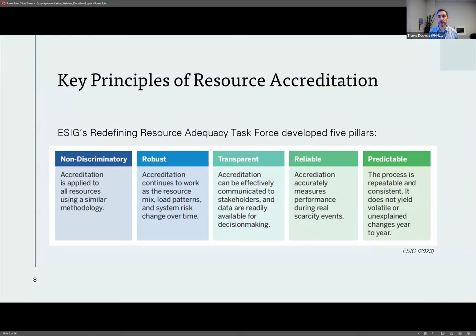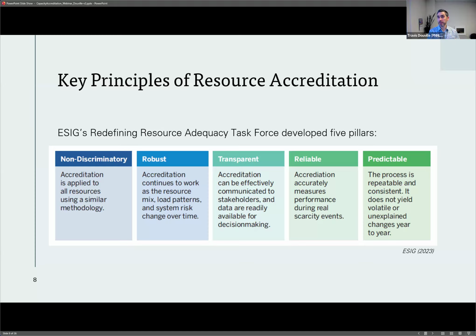Non-discriminatory accreditation, first, aims to avoid favoring a certain technology or giving any positive or negative bias towards a specific technology. Given its link to system reliability, resource accreditation is not the proper place to pursue policy objectives.